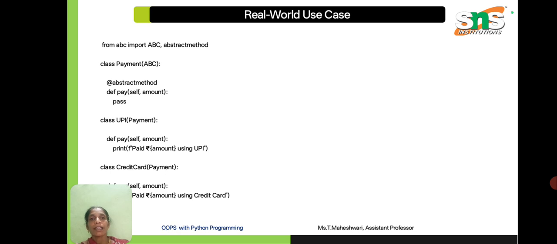Here is a real world use case of the ABC module. In the first line I am importing my module. So from abc I am going to import the module called ABC and its abstract methods. Here I am using a payment class. The payment class can be classified in three categories.